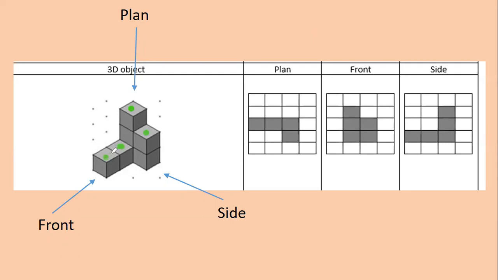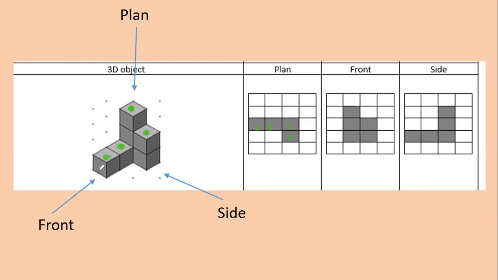So the ones that I've put green dots on. So there's sort of 2 together there, and then it goes along 2. So if we look over at the plan on the right hand side, there's 2 in a row, and then 2 going across to the left. So that's sort of a 2D representation of what we'd see if we look down from the top.